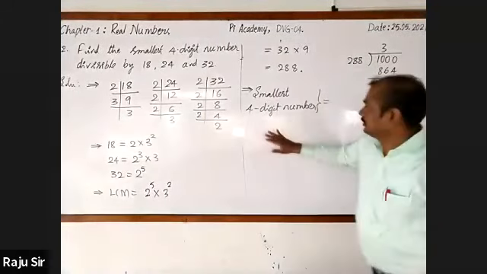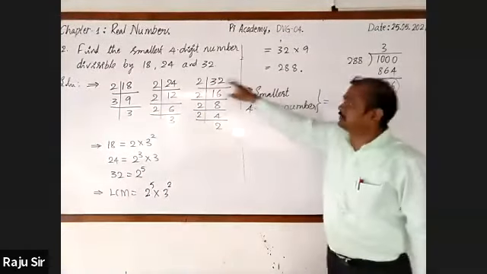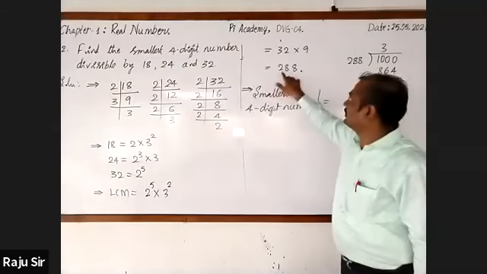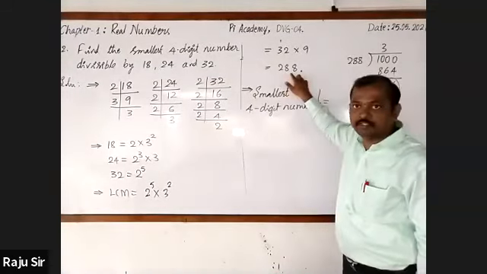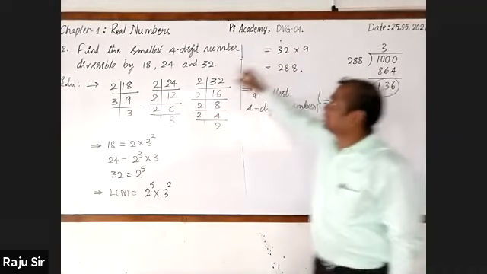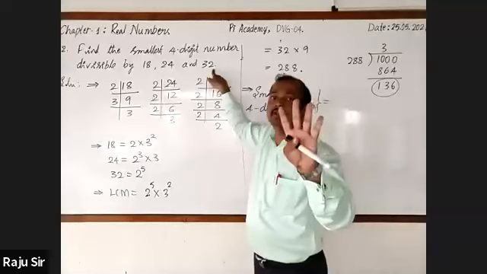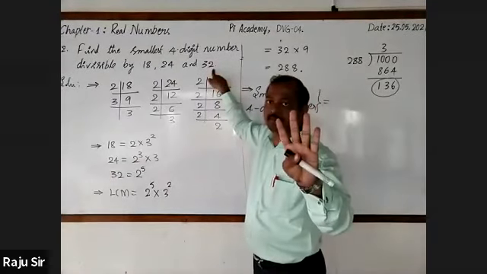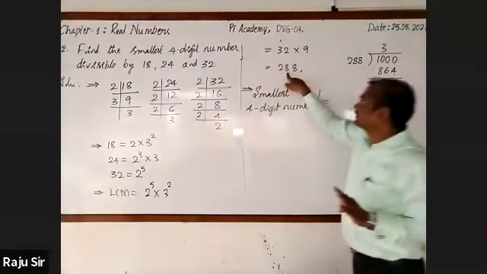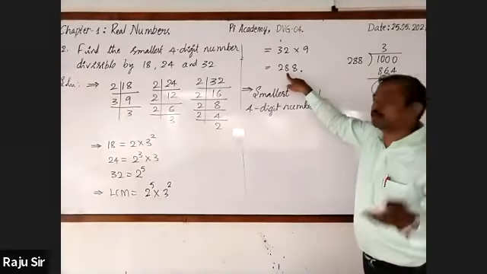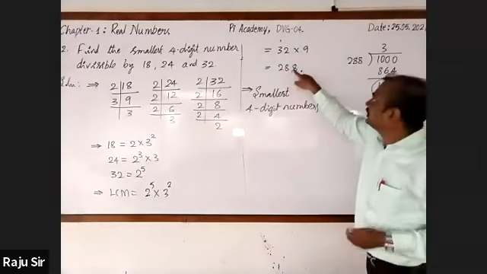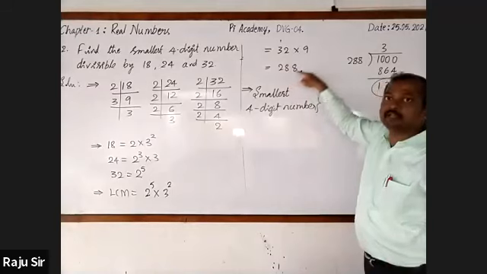Here we got the LCM of the given numbers, that is 288. This is a multiple of the given numbers, but we want the smallest 4-digit number. Here we have a 3-digit number. To get the smallest 4-digit number, it should be multiplied by a suitable number.